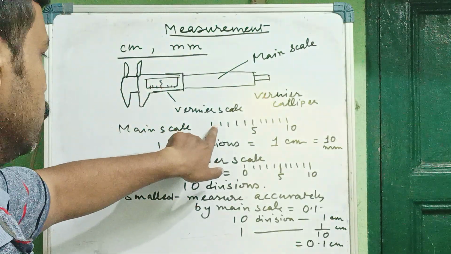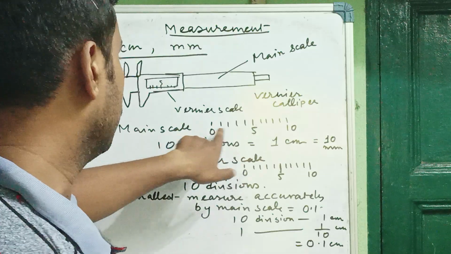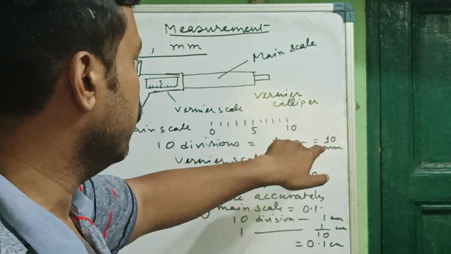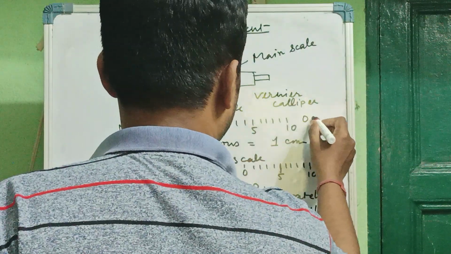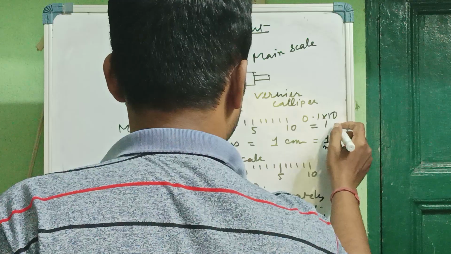Each division is 0.1 centimeter, and for 10 divisions, 0.1 into 10, we get 1 centimeter.